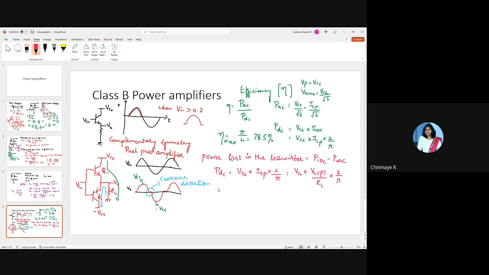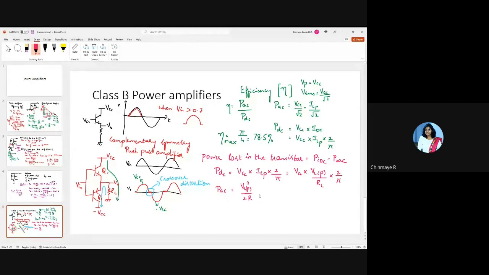Correct? Similarly, I can write PAC is equal to VL of peak square by 2RL. Correct? So let the AC output peak voltage be equal to VL of P. Then the RMS value of it will be VL of P by root 2.